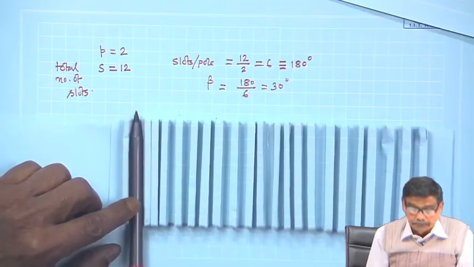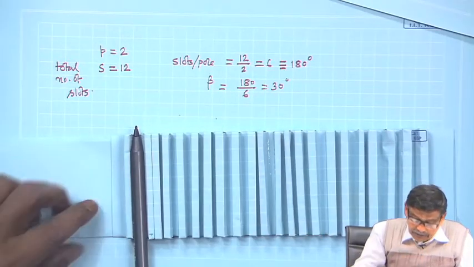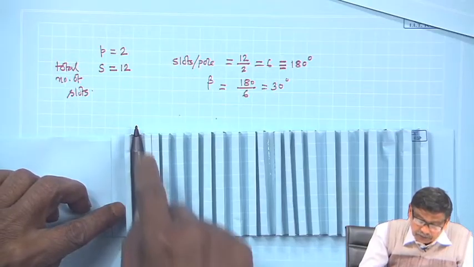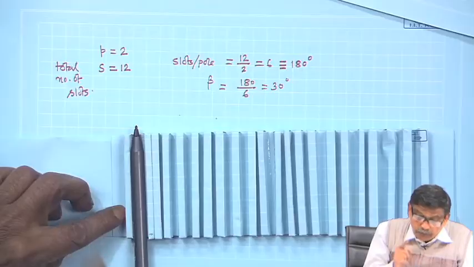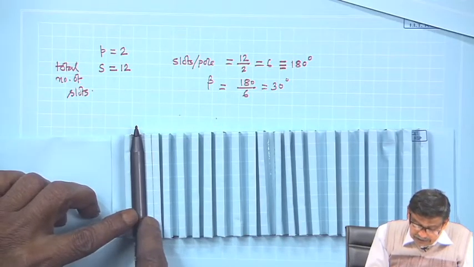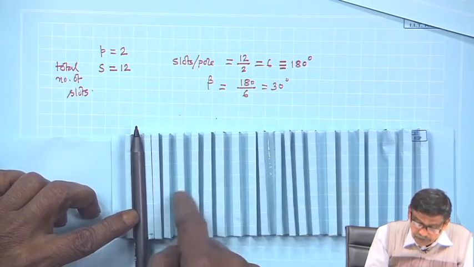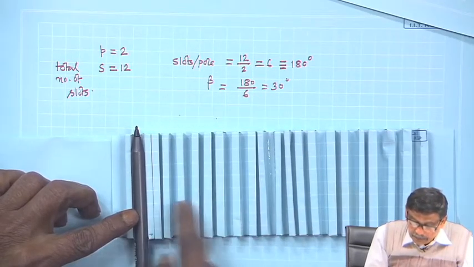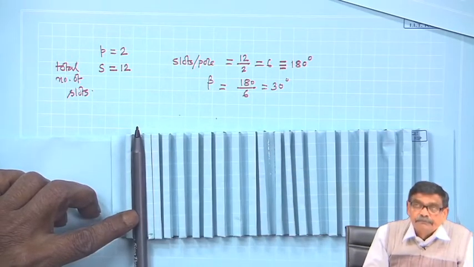If I want to make a full pitched coil, which is 180 degrees, in which slot should I place the return conductor? I have to move by 6 slots, because that will become 180 degrees, and its return should be here.